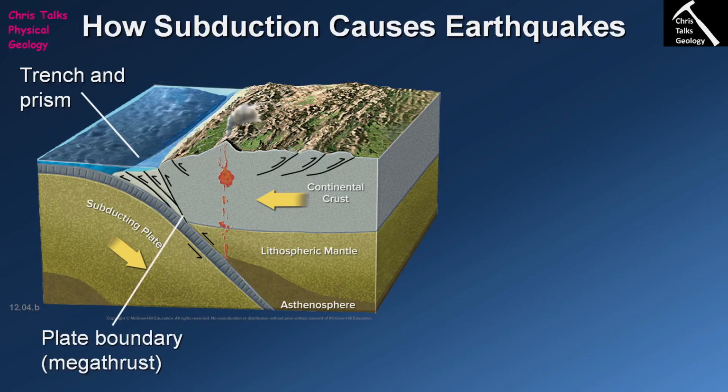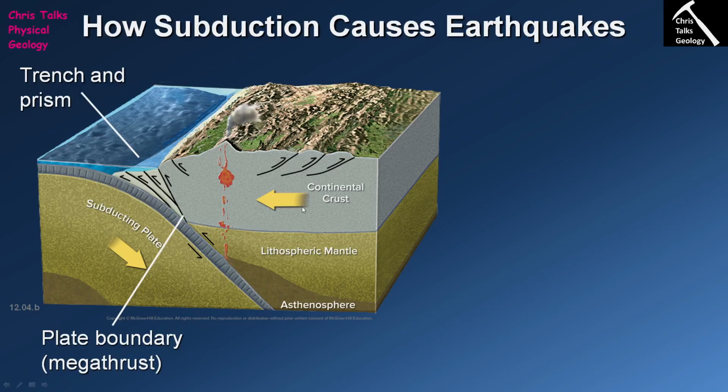Now, in terms of the actual contact itself between the piece of subducting oceanic crust and the piece of continental crust, this is sometimes referred to as a megathrust. The reason for this is, if you think of it in terms of a fault, well, imagine this is your hanging wall block here. Sorry, this is your footwall block, I do apologize, and this is your hanging wall block.